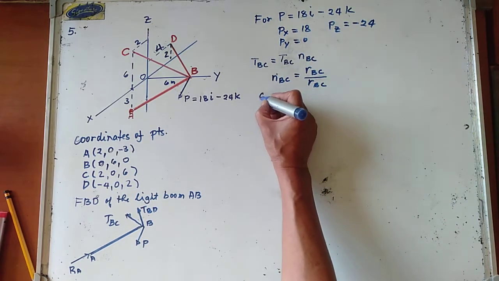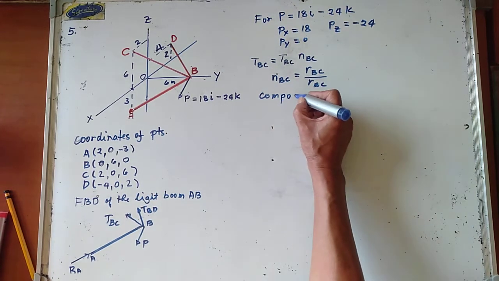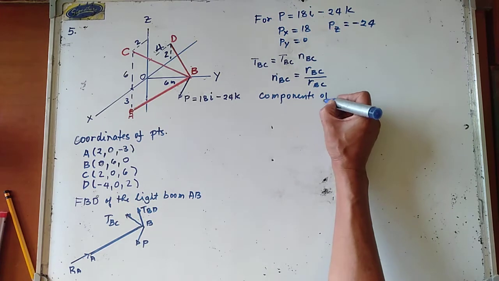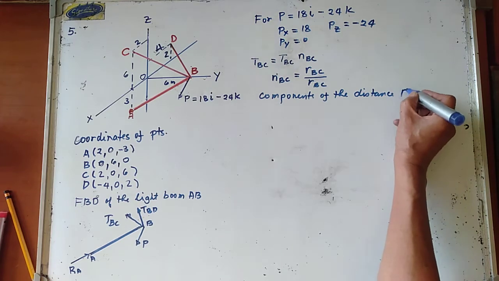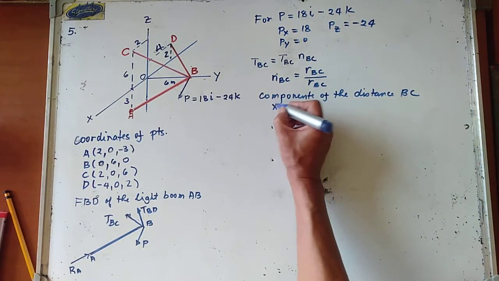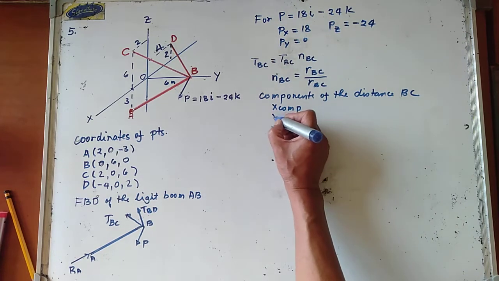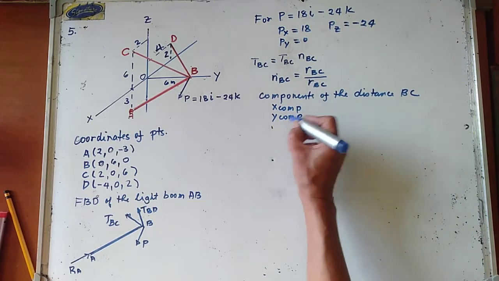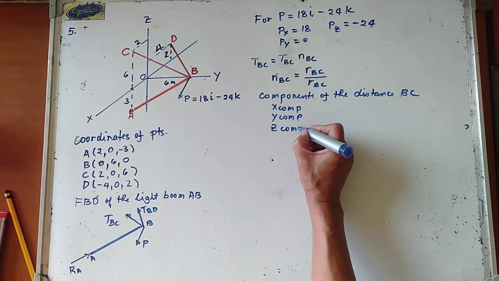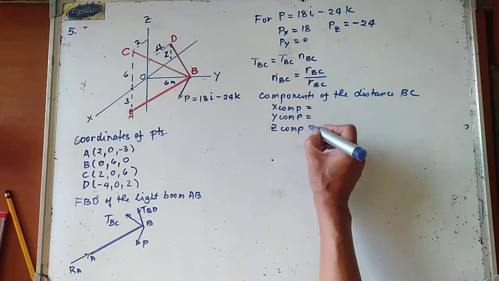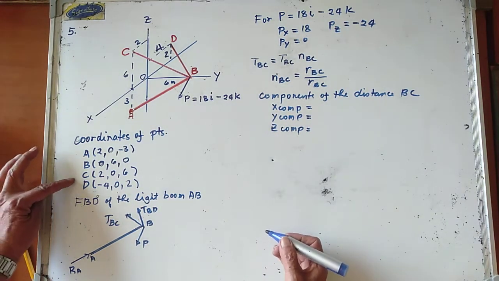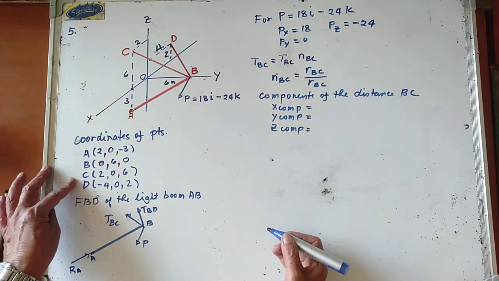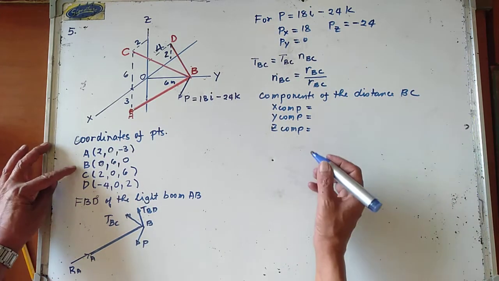So the components of the distance BC are the X component, the Y component, and the Z component. This is directed from B to C, so it is C minus B.